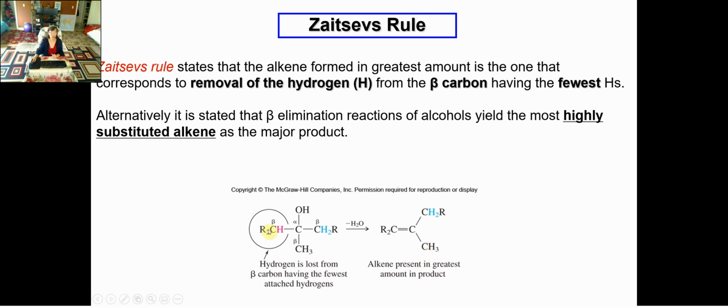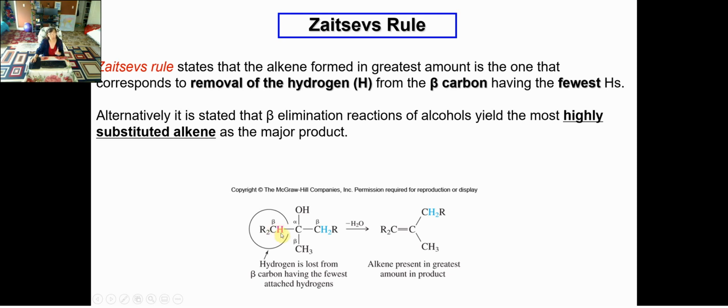If you have different beta carbons, for example, in this molecule, just generally speaking, you have your alpha carbon, which is connected to your OH hydroxyl group. You have beta carbon 1 with 2 hydrogens. You have beta carbon 2 with 3 hydrogens. You have beta carbon 3 with 1 hydrogen. Which one will be involved in the reaction?